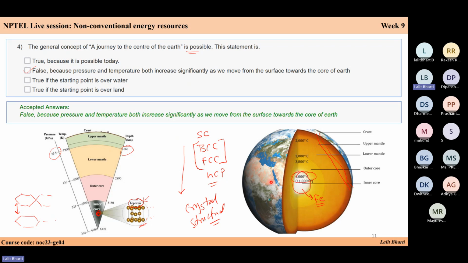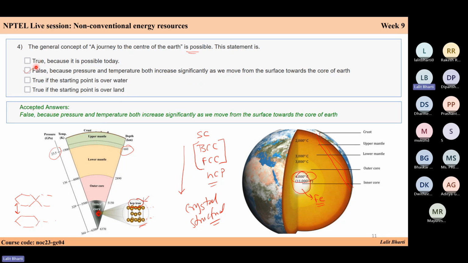This is the only place where you find iron in the HCP crystal structure. Basically, you see iron in BCC or FCC structures, but due to the very high temperatures and very high pressure, here the iron is present in the HCP crystal structure.